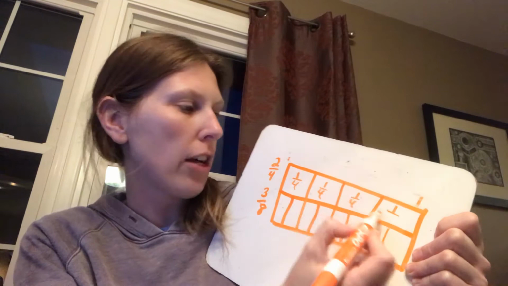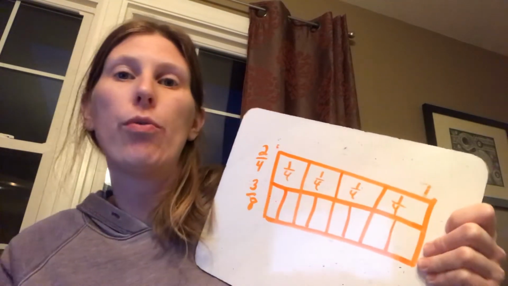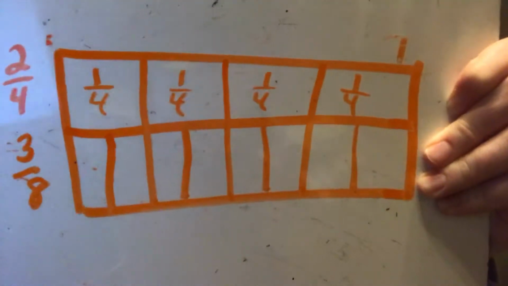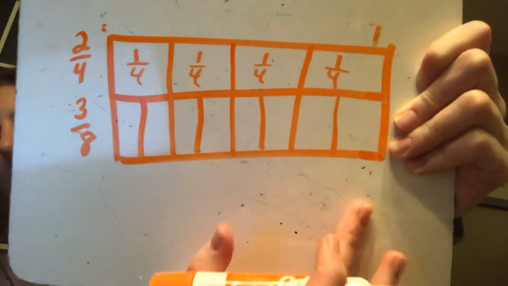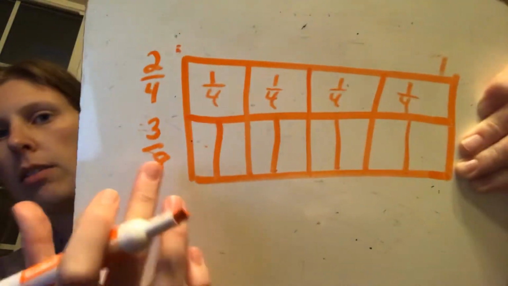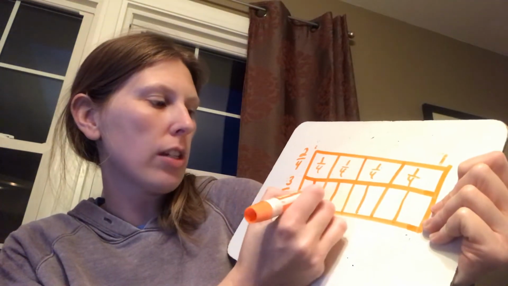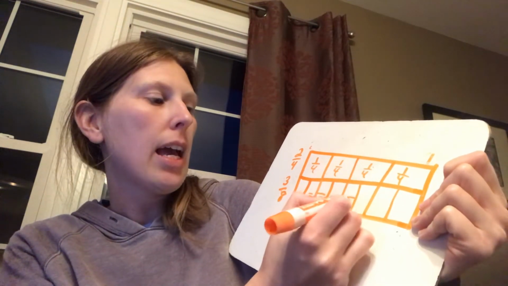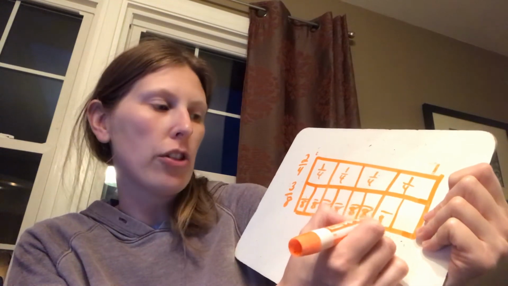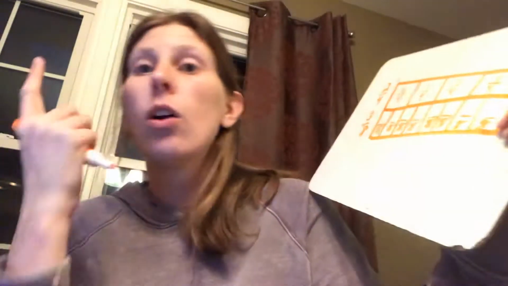So my unit fraction for this first candy bar is 1/4. So each one says 1/4. On the bottom, I count my equal pieces. I know there's 8. My denominator is 8. So my unit fraction is going to have a denominator of 8. And when we label our unit fractions, we always talk about one equal part, so my numerator is going to be 1.